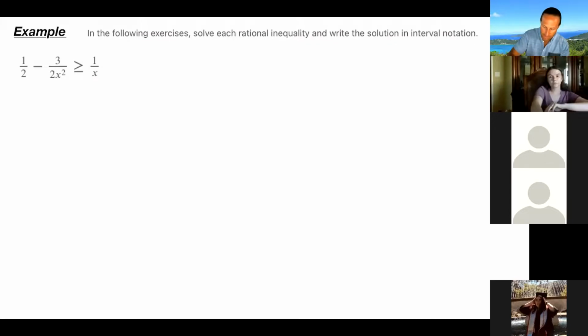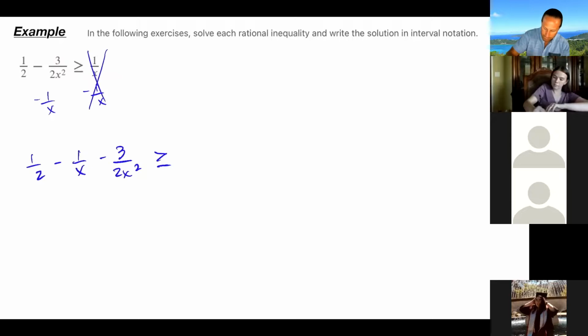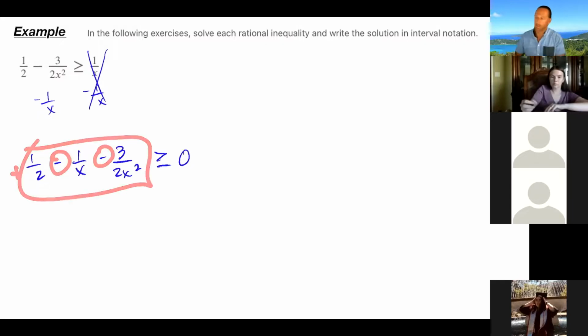Okay, I'm going to start by subtracting the 1 over x. So now on the left side, I have 1/2 minus 1 over x minus 3 over 2x squared, all greater than or equal to. That canceled out to be a 0. Now, of course, in order to do any of the adding or subtracting with fractions, we need a common denominator.